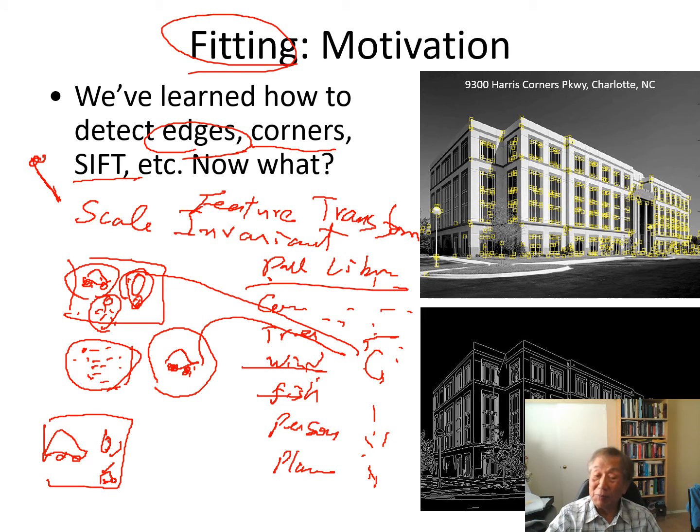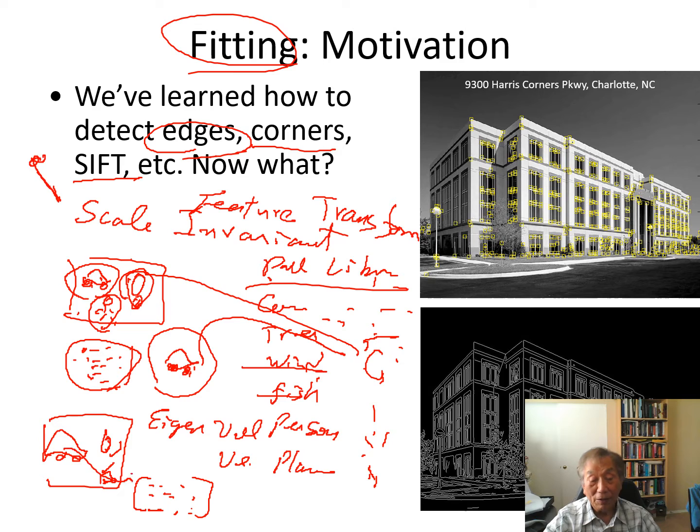Does anybody remember what we talked about a lot in the previous chapter, when we were talking about SIFT and also feature detection? Something about eigen, remember that? Eigenvalue, eigenvector, like that one. So this is, say, the pixel matrix of this car.